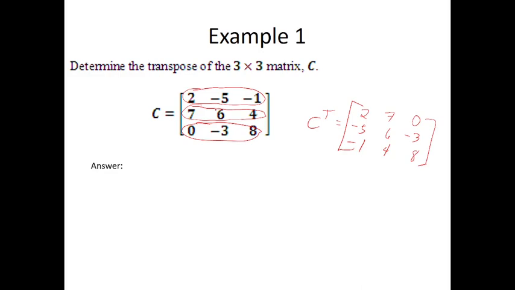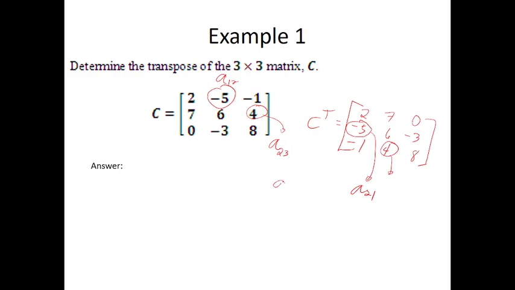Let's check. This is A12, first row, second column. It becomes now A21, second row, first column. Let's check 4. This is A23, second row, third column.